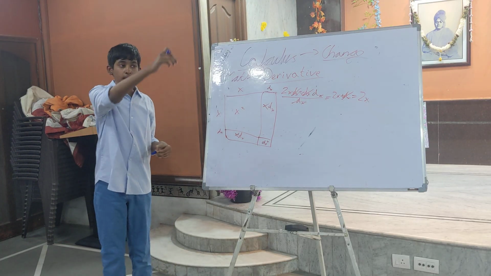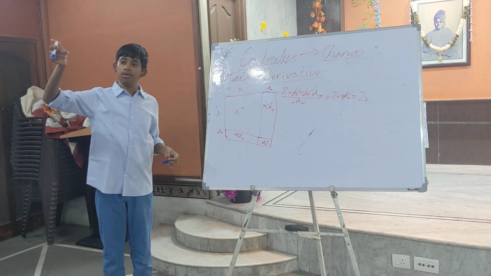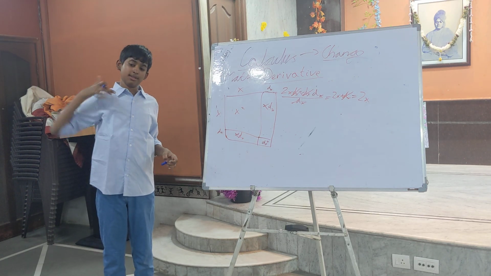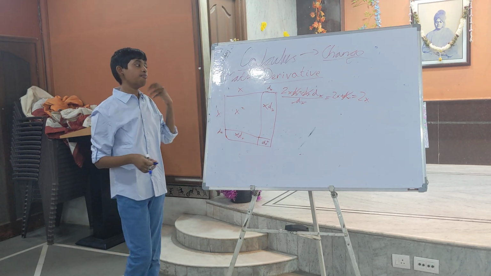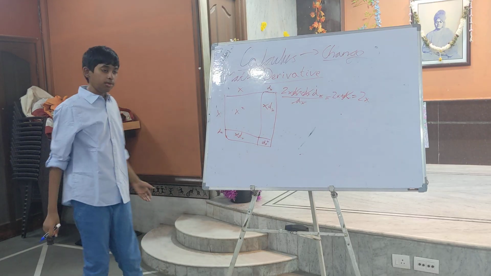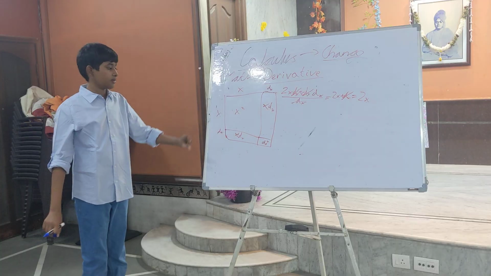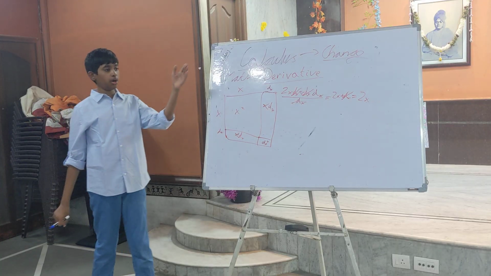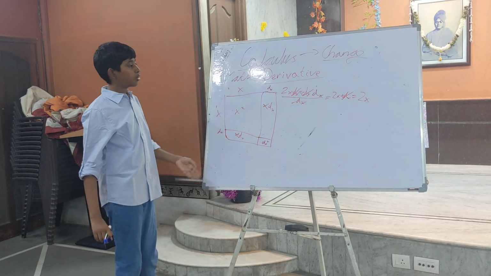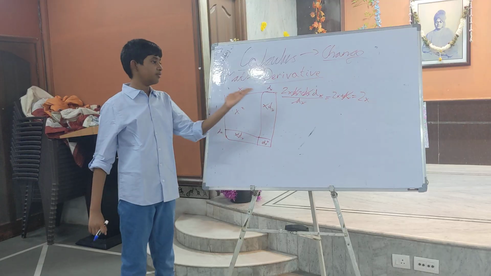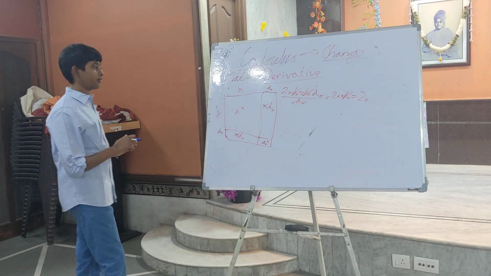But dx squared by dx is 0, and dx cubed by dx is 0, and any high powers of dx will get eliminated completely because they go to 0. So using geometry, you can figure out what the derivative of x squared would be without doing much algebra.